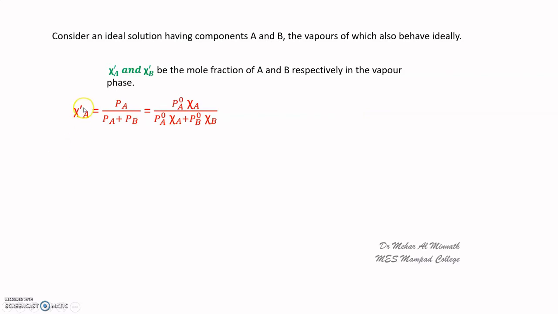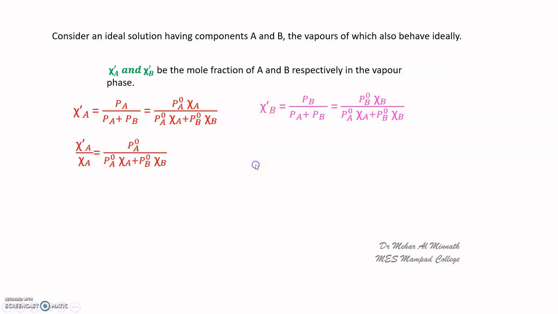Then chi A prime will be equal to PA by PA plus PB. PA means partial pressure of the component A. We know that since the solution is ideal and obeying Raoult's law, PA will be equal to P naught A into chi A, and PB will be equal to P naught B into chi B. Similarly for the mole fraction of component B in vapor state.